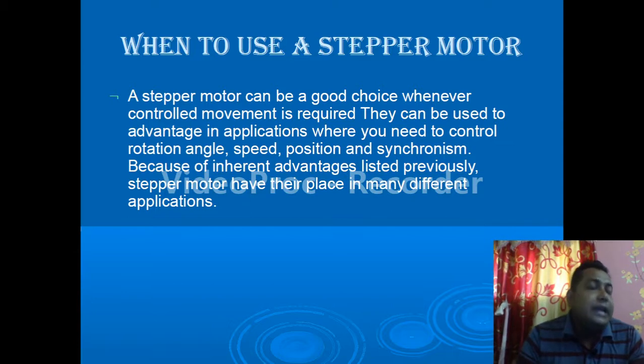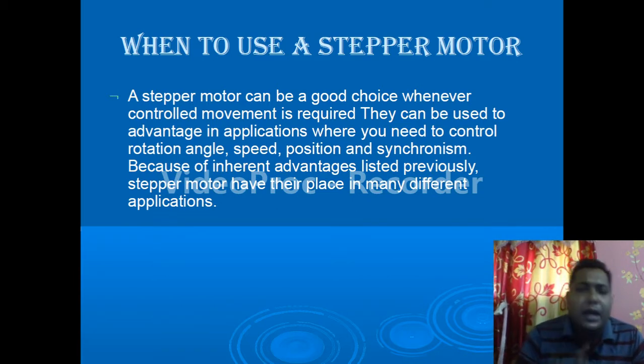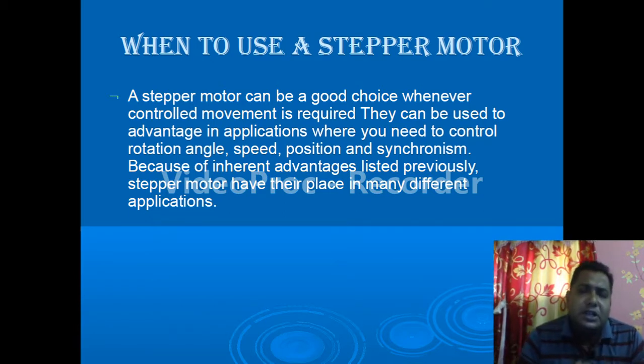Because of the inherent advantages listed previously, stepper motors have their place in many different applications. That means wherever we need controlled movement, maybe in different industries, different robotic arms. So speed control, position control, synchronism control: these are the different application purposes for the stepper motor.